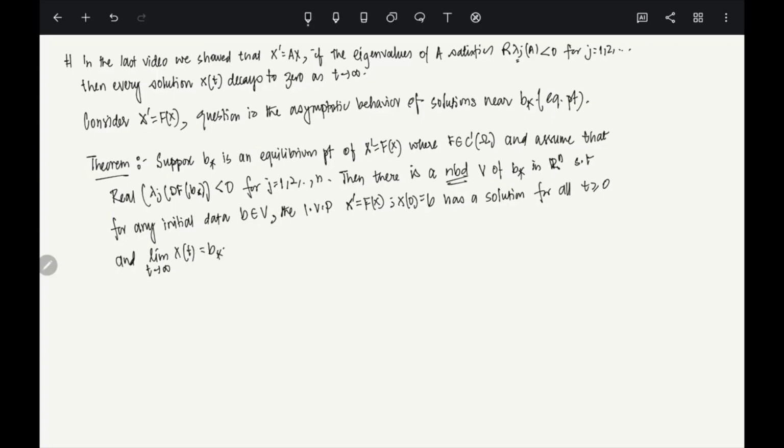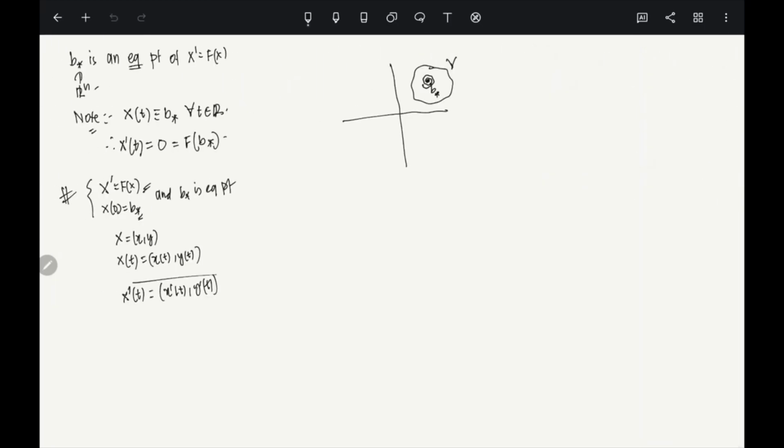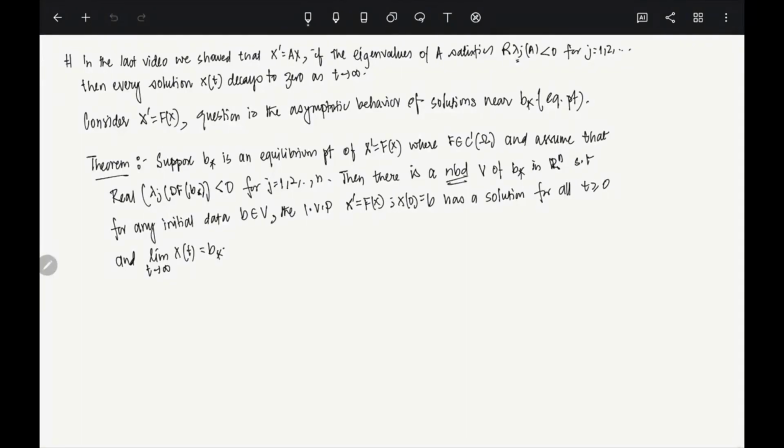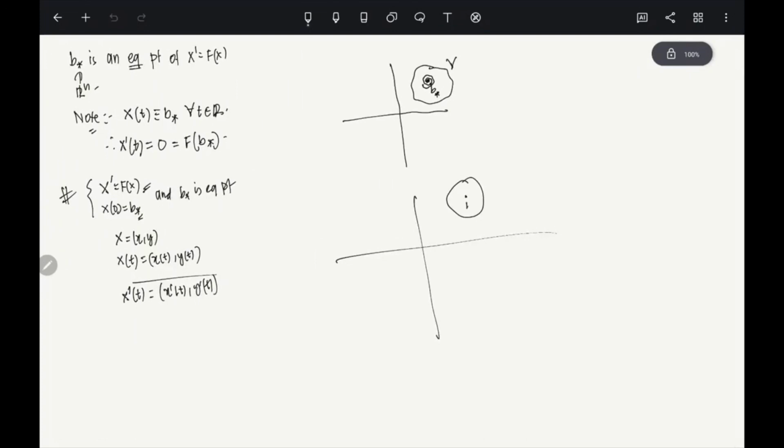So basically what it is saying is this. Let me explain it again. Let's say that I know that B star is the equilibrium point of this system, x prime equals f of x. This is what I am assuming. Now, let V be a neighborhood such that you look at df at B star.